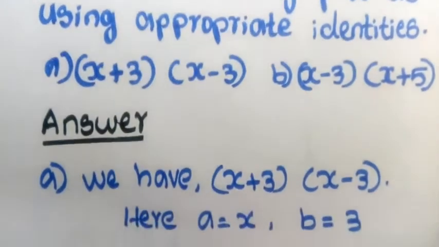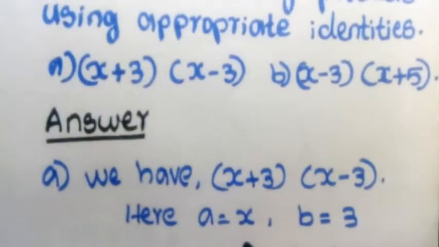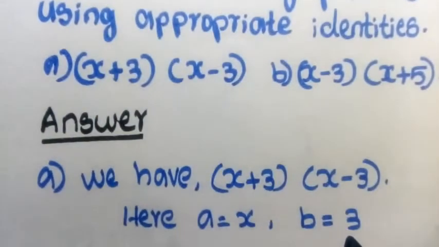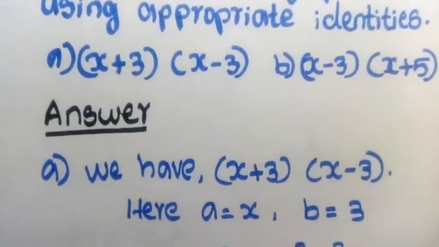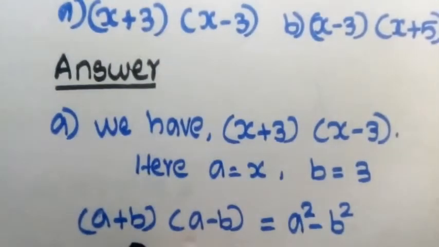So here, a is equal to x and b is equal to 3. Here we can use identity 3 because it is like (a + b)(a − b). We know that (a + b)(a − b) is equal to a² − b².